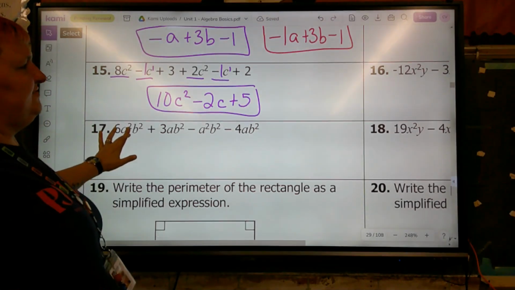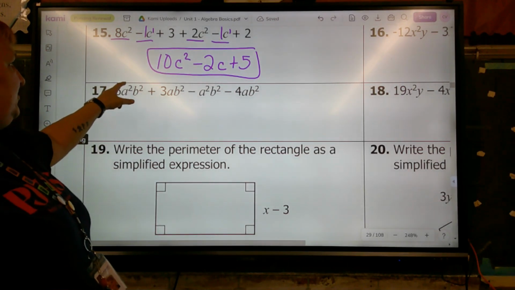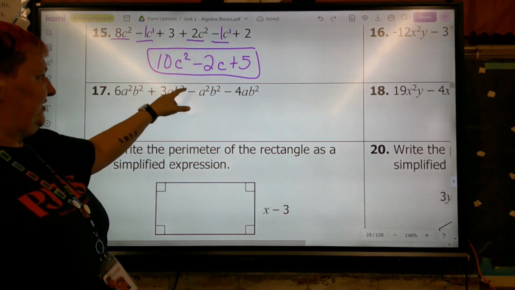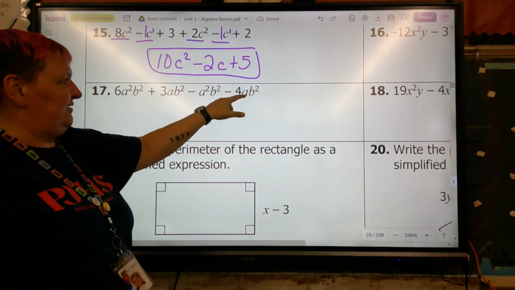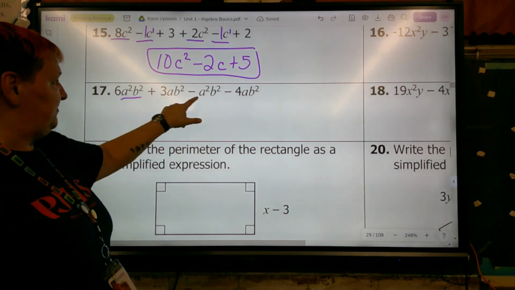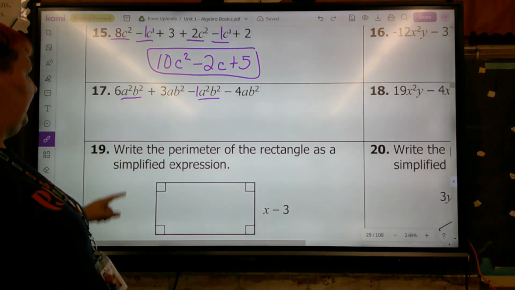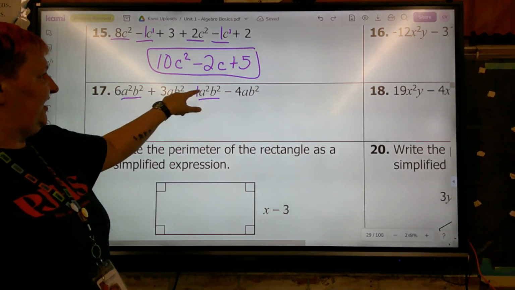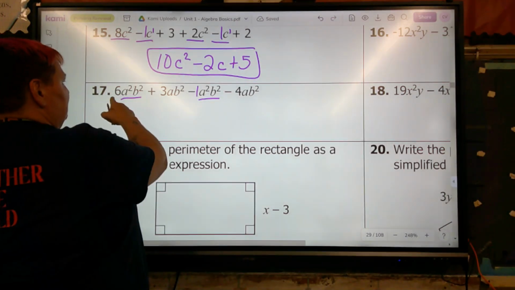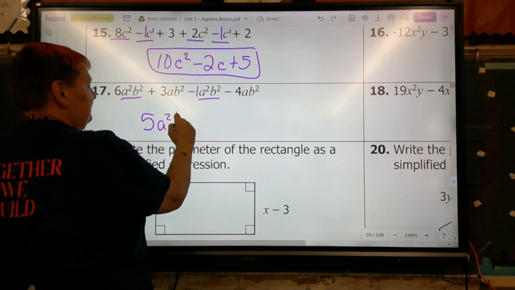Alright, let's play with some multiple variables and exponents. a squared b squared, ab squared, a squared b squared, ab squared. Remember, it has to be identical. So this one can be combined with this one, with the invisible 1. Right? Because a squared b squared, a squared b squared. So 6 minus 1, 5, a squared b squared.